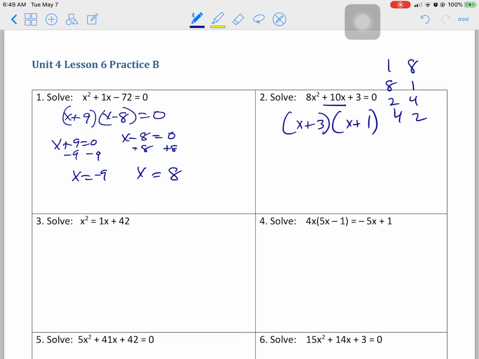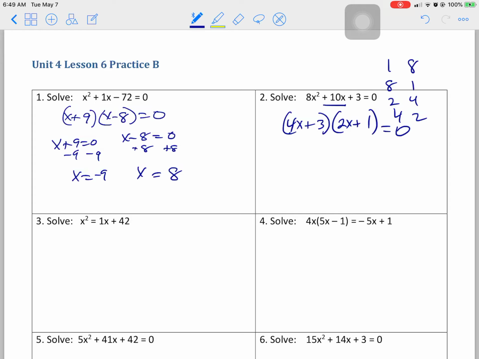So let's see, if I put an 8 here, that's going to be an 8 plus 1 is 11. If I put a 4 here, that's going to be 4 and 6, that's 10. So if I put a 4 and a 2, when I check that back, that's going to be an 8x squared plus 4x plus 6x, that equals 10x plus 3, that's it.